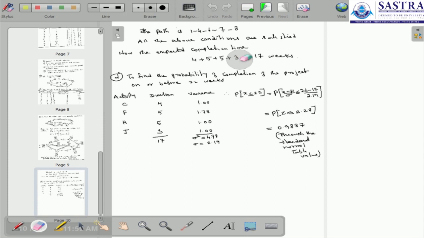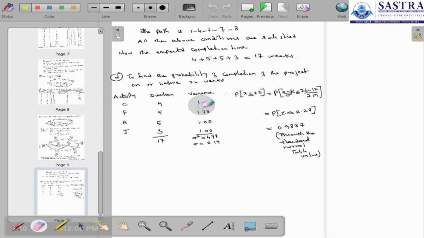And the next question: we find the probability of completing the project on or before 22 weeks. We already have the activities C, F, H, J as the path, and the durations are 4, 5, 5, 3. Now we can get the variance. We already have the variance values for these particular activities.